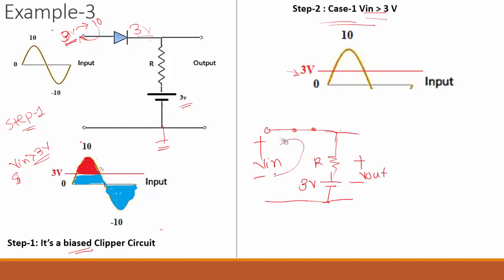Now when the current starts flowing from the resistor to the battery, whatever voltage is applied will be dropped across the resistance, and the battery is 3 volt. Let's say I apply 4 volt: 3 volt is already over here and 1 volt will be across the resistor. That's why V out will be equal to V in, for the case V in greater than 3 volt.